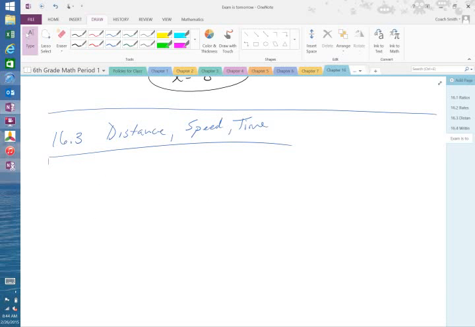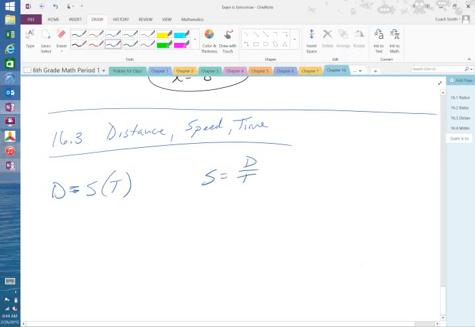Our formulas are distance is equal to speed times time, speed is equal to distance divided by time, and T is equal to distance over speed. Those are the 3 formulas. Like I said, those formulas will be on the exam, so you don't have to have them memorized. You just have to be able to plug in the information given.